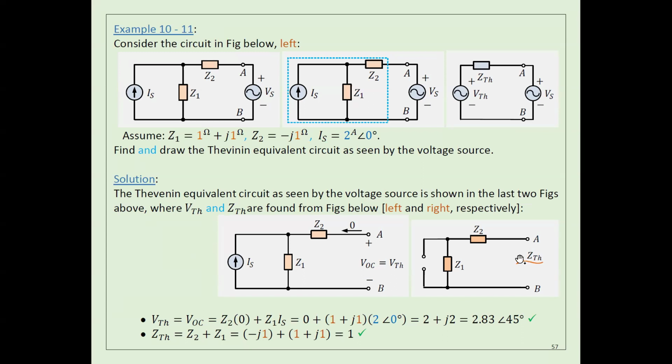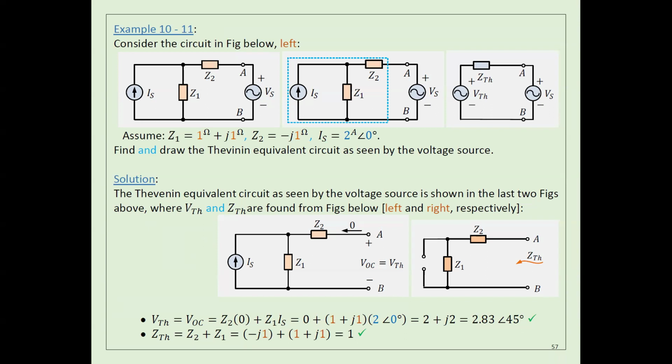Looking from here this way, you can find Z1 in series with Z2. So Z7 is actually Z1 plus Z2. I added Z together. The result is 1, which means the result is only a real number.